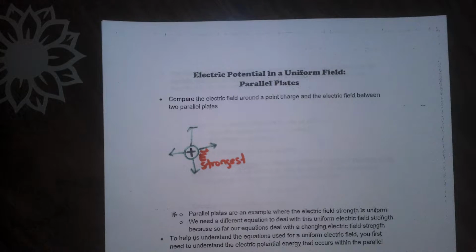Where would the electric field strength be weakest? Think about the formula. E is equal to KQ over R squared. Where would it be the weakest? The higher R gets, what happens to E?